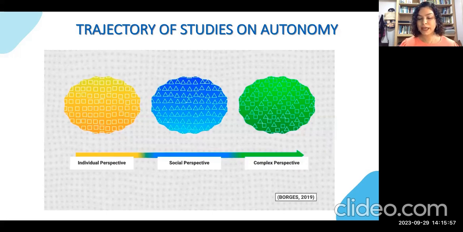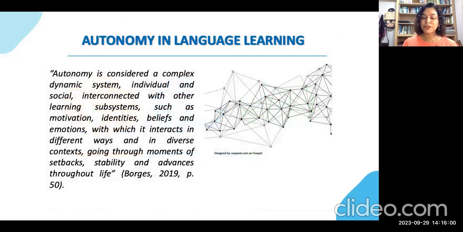In my conception, autonomy is considered a complex dynamic system, individual and social, interconnected with other learning subsystems such as motivation, identities, beliefs, and emotions, with which it interacts in different ways and in diverse contexts, going through moments of setbacks, stability, and advances throughout life.